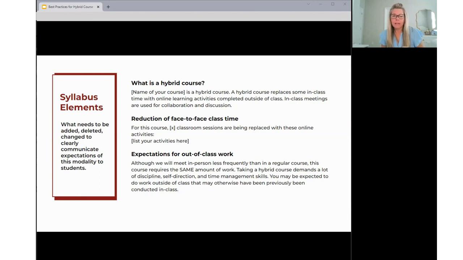And then expectations for out-of-class work, that might be another section you include in your syllabus. You might say, although we meet in person less frequently than a regular course, this requires the same amount of work. Taking a hybrid course demands a lot of discipline, self-direction, and time management skills. You may be expected to do work outside of class that may otherwise have been previously conducted in class.